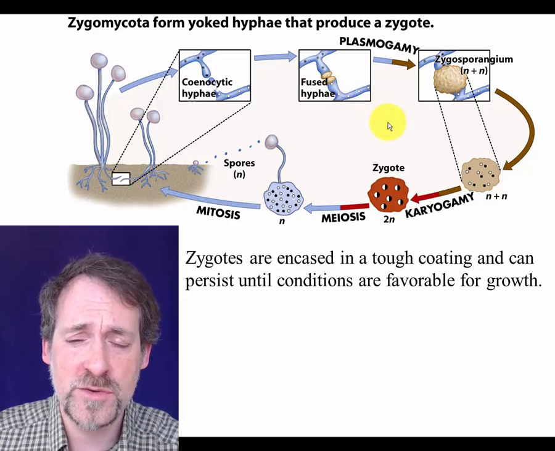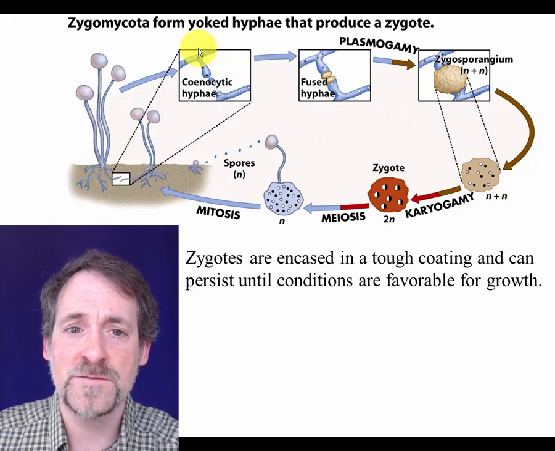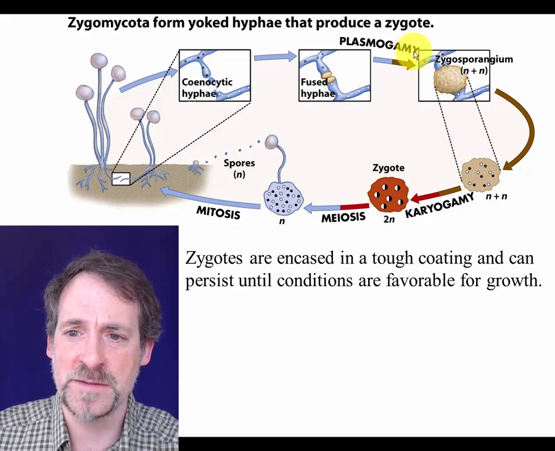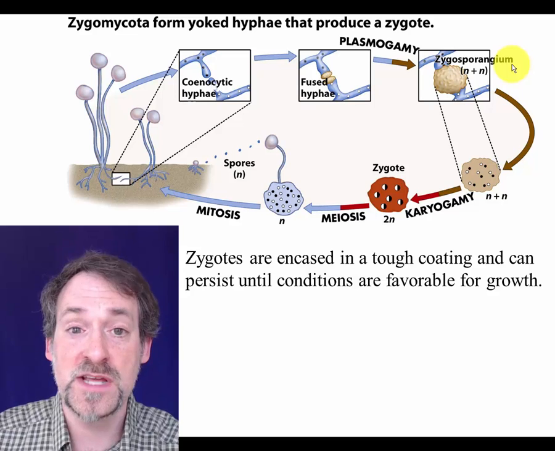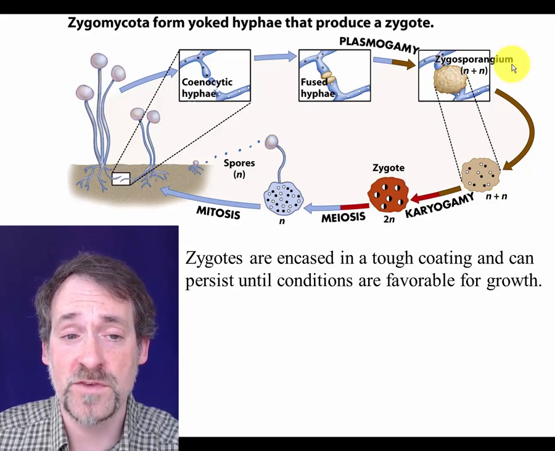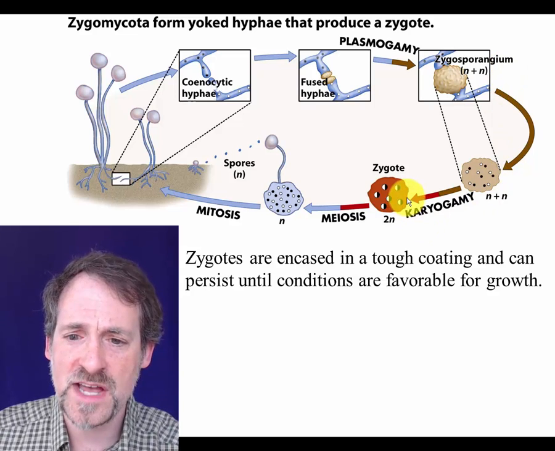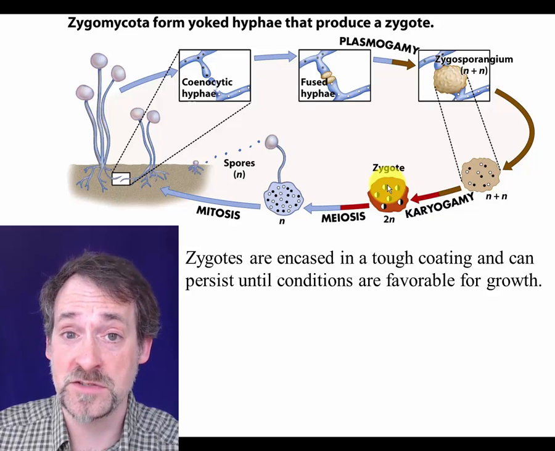The curious thing about the Zygomycota is that they form these yoked hyphae when they go through plasmogamy. You don't need to know the word zygosporangium, but it's this particular reproductive structure found only in this group of fungi. The zygotes that form here are very resistant to environmental harm.